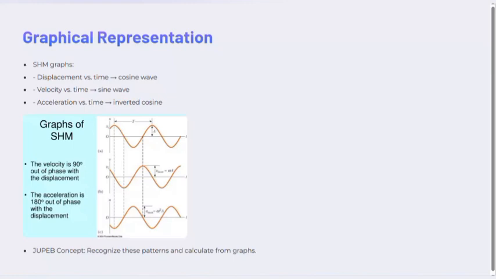In the displacement-time graph, it's easy to identify the period. Just use the same definition for period for the other graphs. The time taken for it to move from one peak, that is one top, to another top is called a period. The time taken to go from one bottom to another bottom is the same period, because it will be the same time.